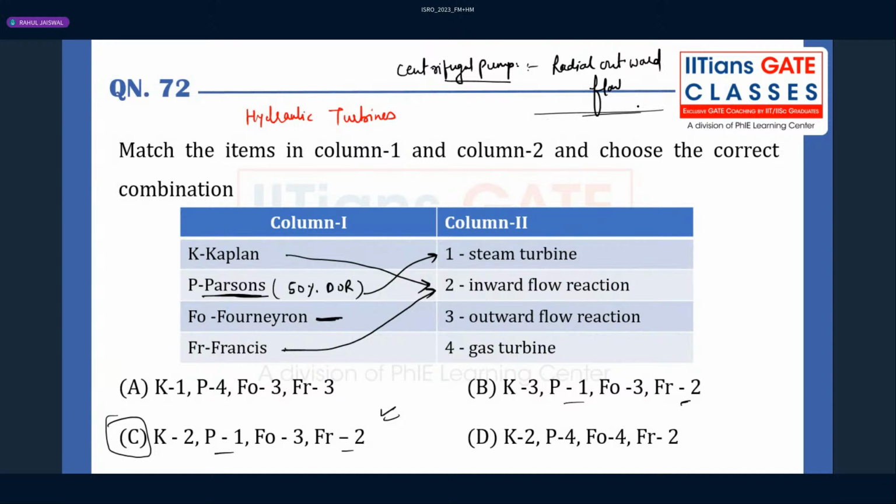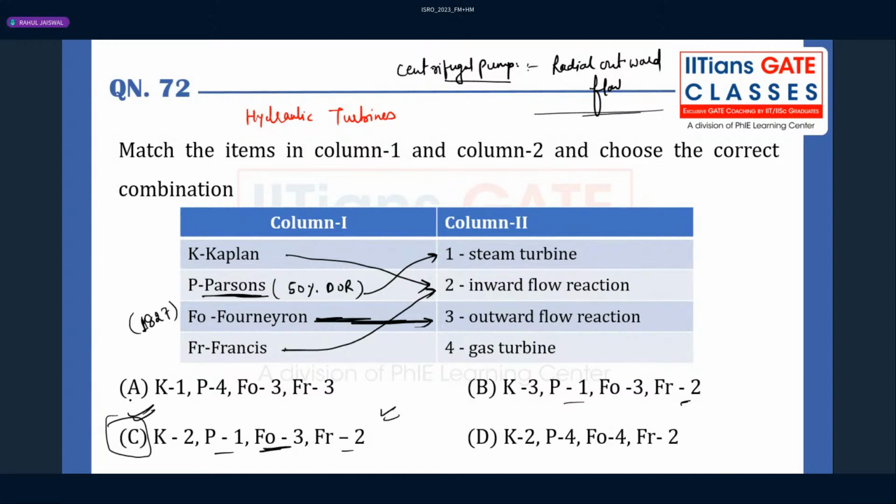Now you might be thinking, how can this be something like a turbine? But yes, it has been developed long ago. We don't use it nowadays. And this we call outward flow reaction turbine. So F will be 3. So definitely option C is correct.